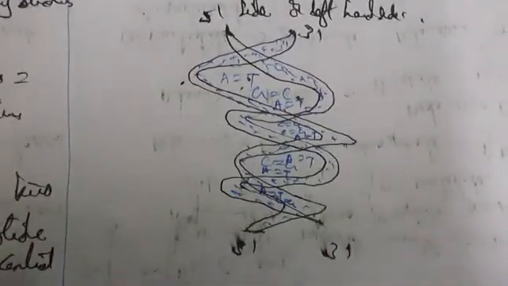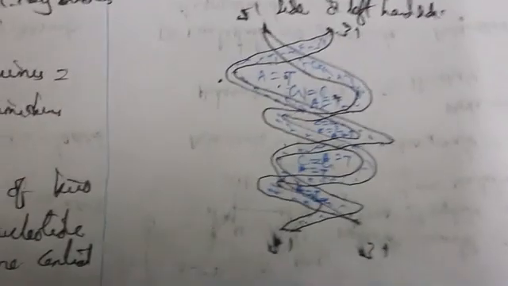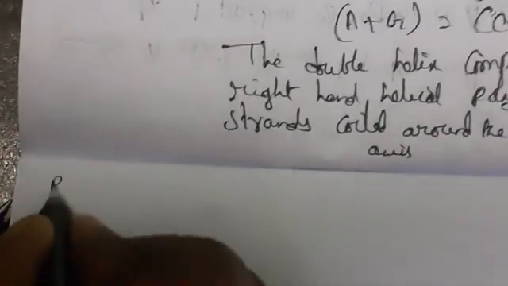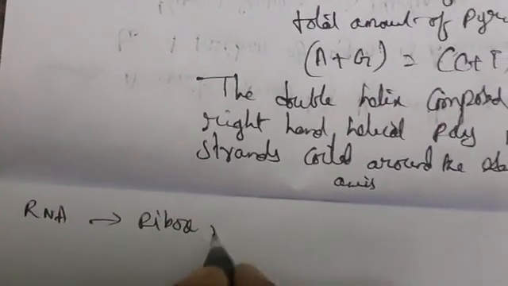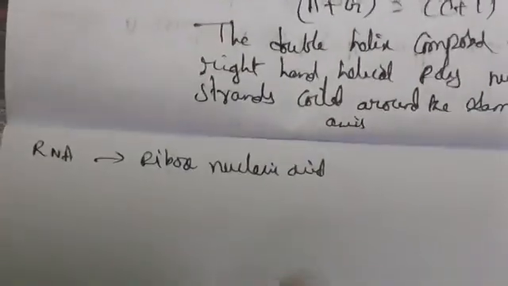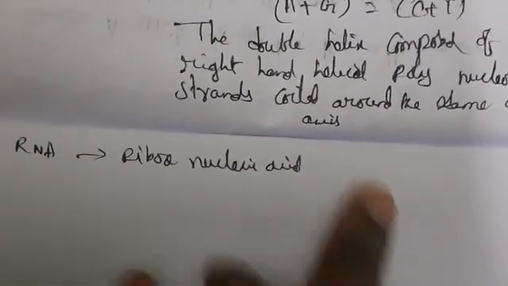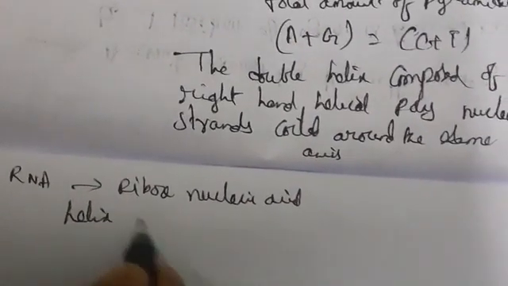In the secondary structure of RNA, the helices are present only single stranded. RNA is ribose nucleic acid.